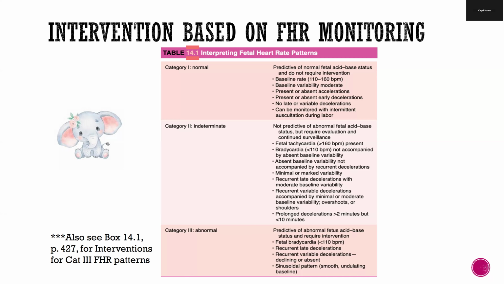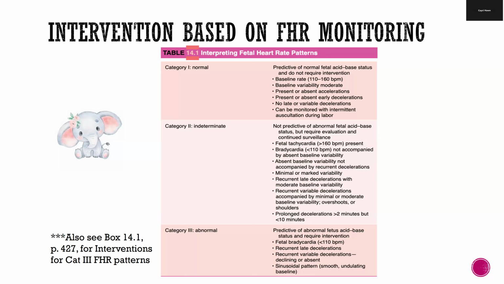We are going to give an IV fluid bolus of her primary IV solution, which is usually lactated Ringer's or normal saline. We're going to give her oxygen with a non-rebreather mask cranked all the way up to 10 liters for oxygen. We are going to possibly check that cervix.